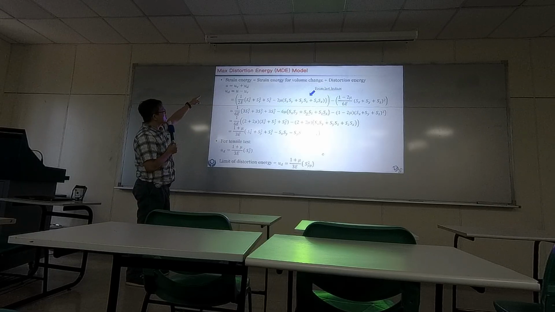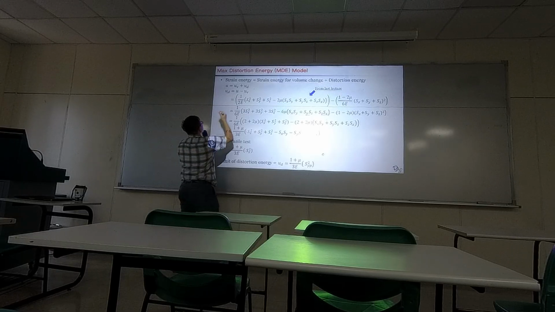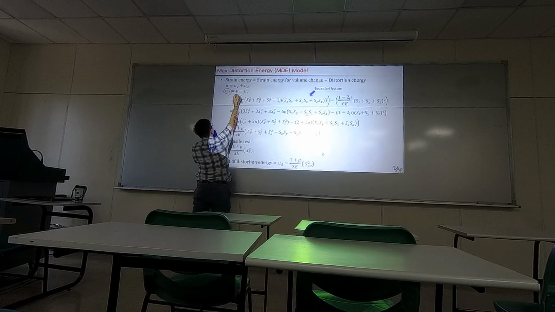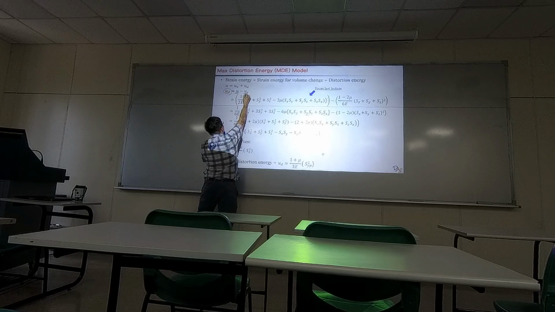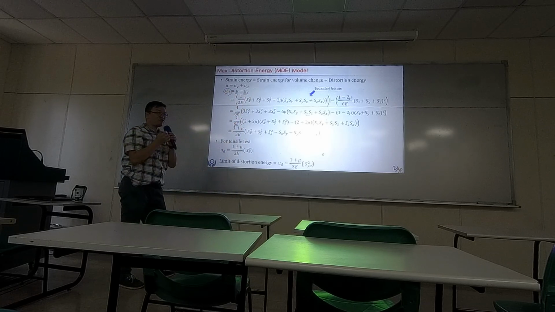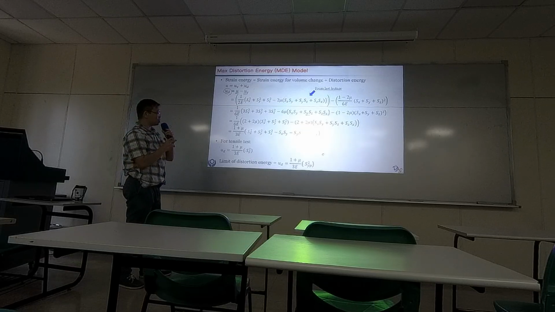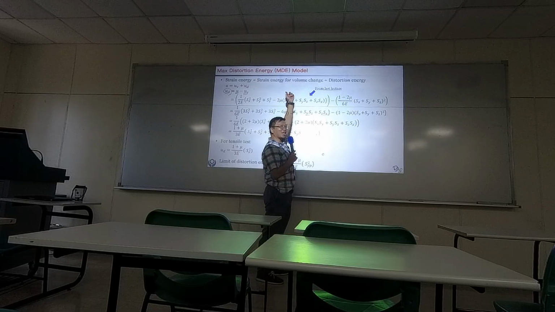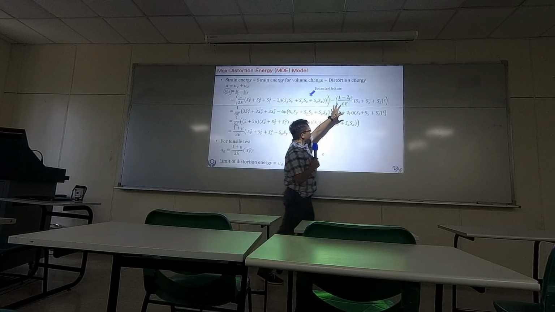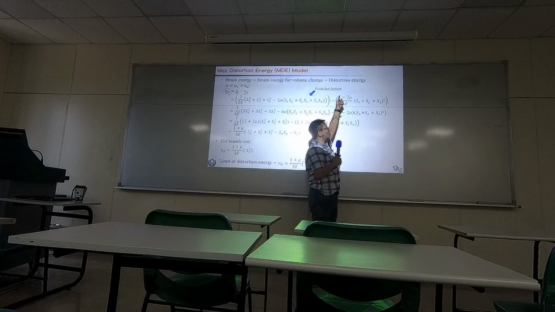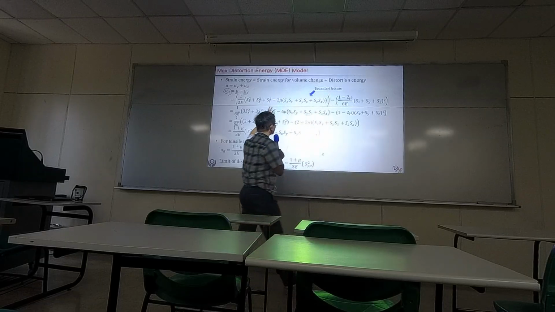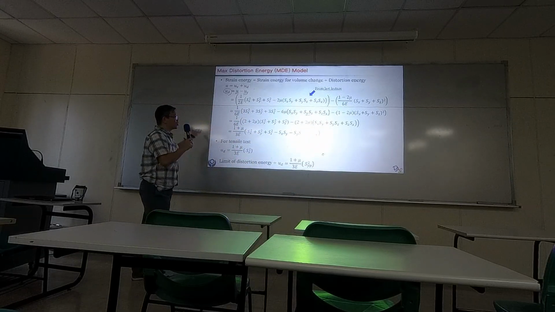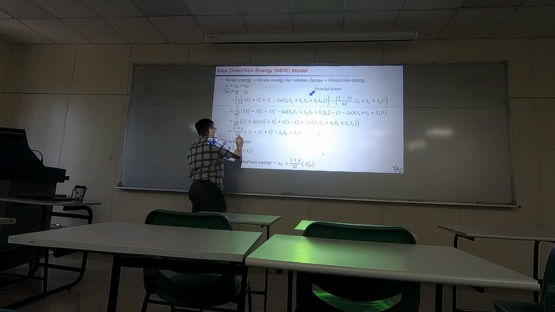So U, this is distortion energy, equals the strain energy minus the strain energy for volume change. The first term came from the last lecture. The second term came from the last page. So all you need to do next is just do some math, reorganizing all the terms. You end up with something like this.